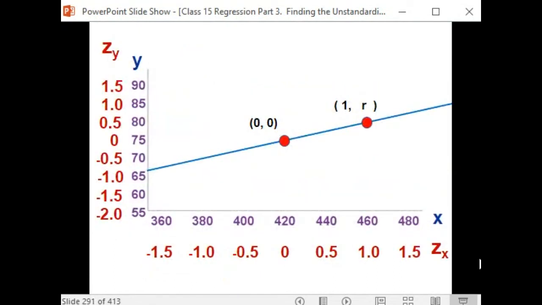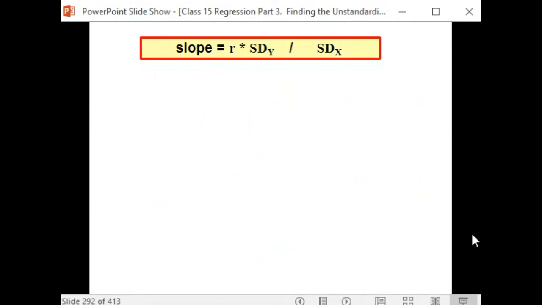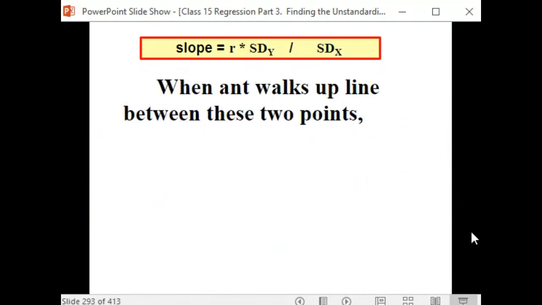Now let's finish by thinking about a trusty ant who walks up the line between the point of averages and the 1r point. Now here's the unstandardized slope of the line. The rise is equal to r times the standard deviation of y.